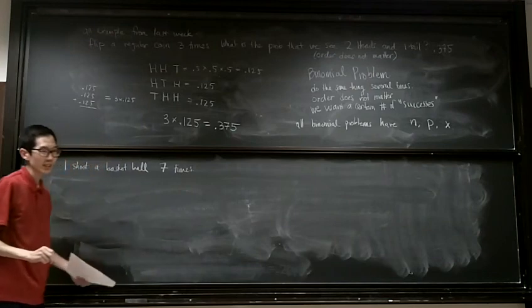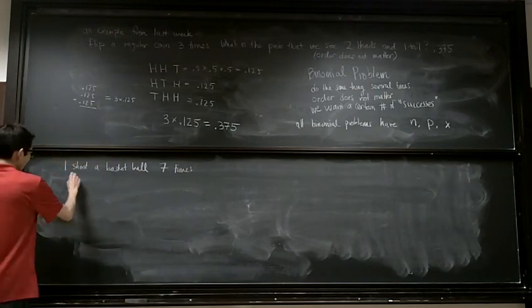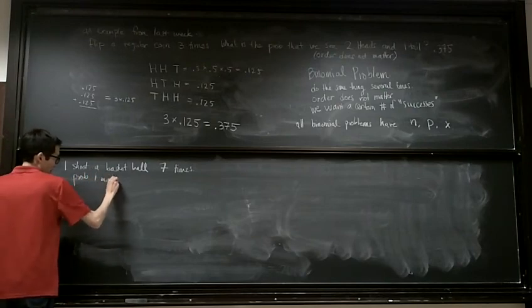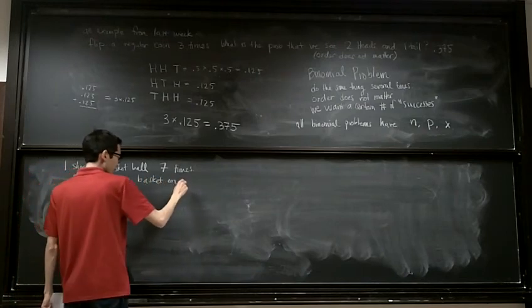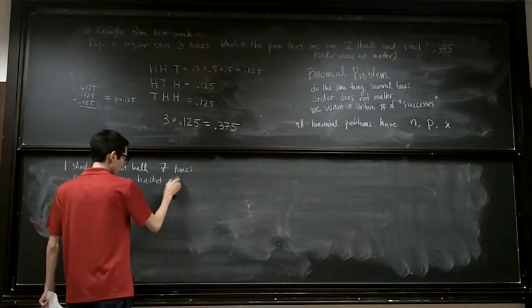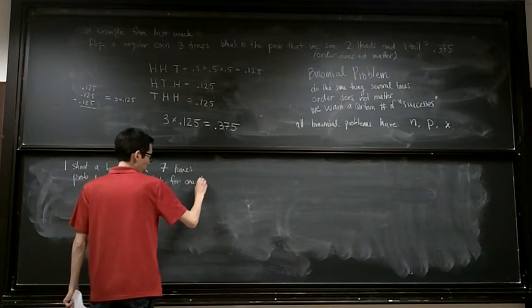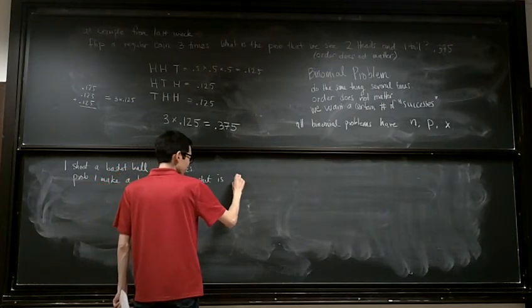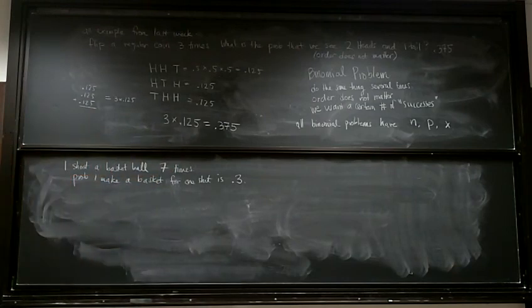Let's say the probability I make a basket for one shot is 0.3. Maybe that's generous. I'll always give you the P.